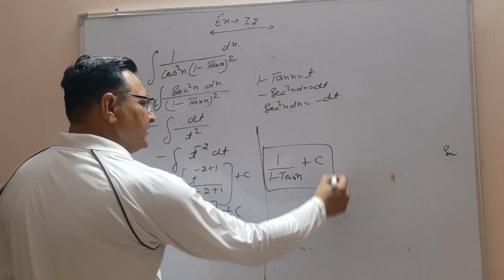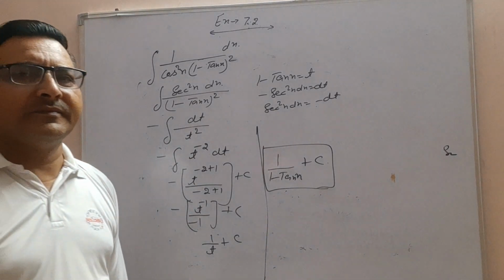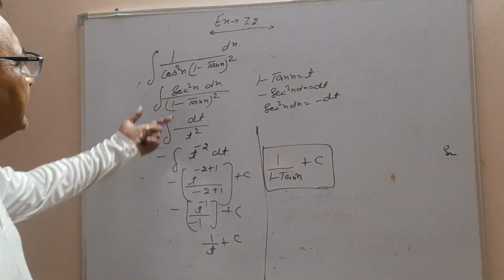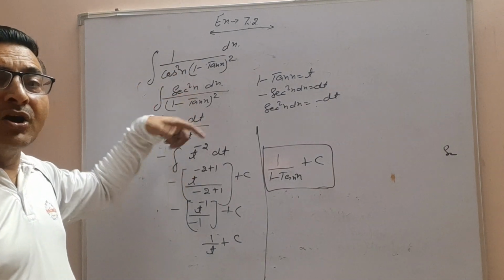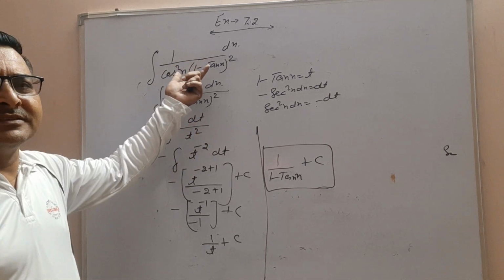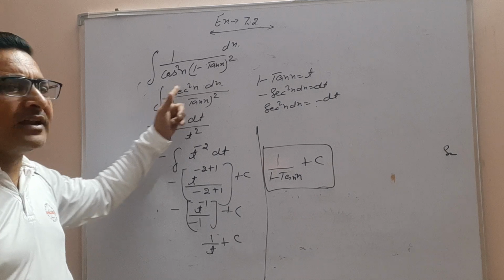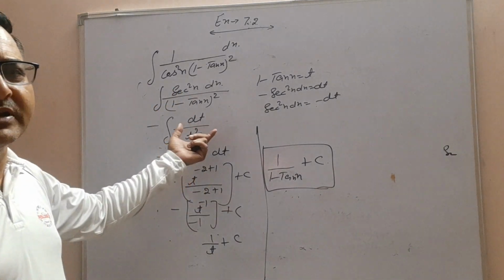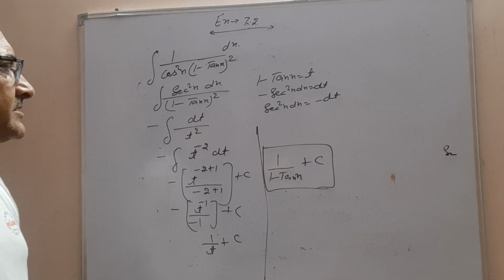That will be its answer. In this type of questions, you have to check how you can make the derivative of 10x as secant square x. So 1 by cos square x, you can write secant square x, and then put 1 minus 10x is equal to t and get the answer.